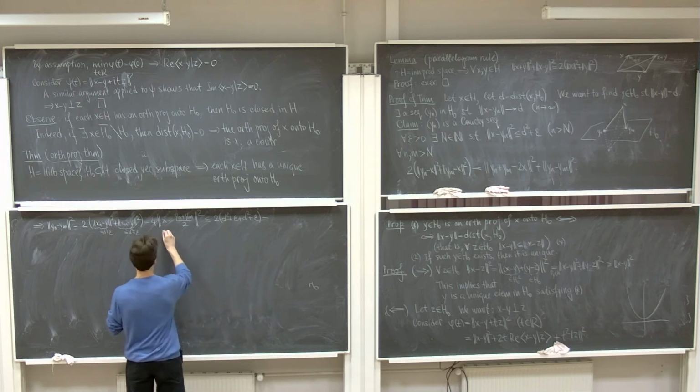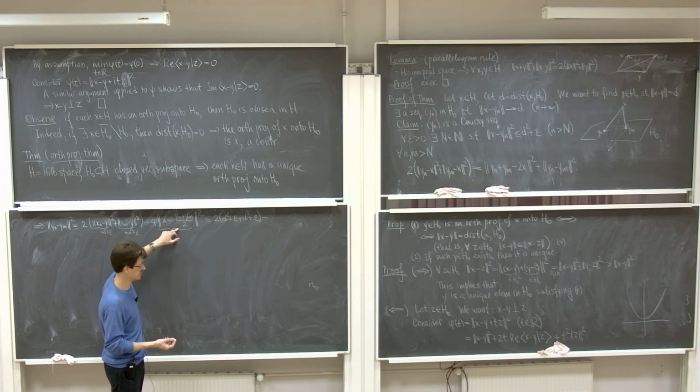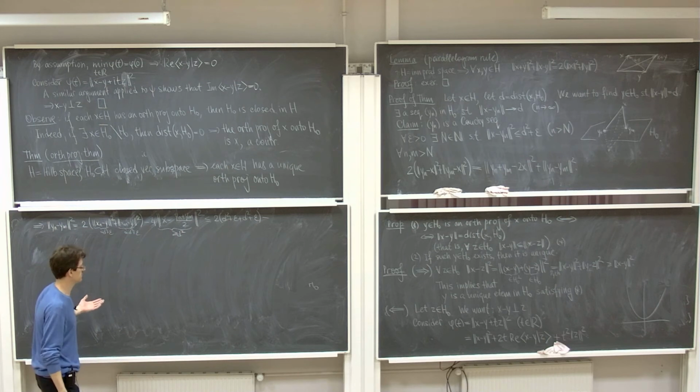And what can you say about this? Well, this element, yn plus ym over 2, belongs to the same subspace H0. So the distance between this and this is greater than or equal to the distance between x and H0. So this is greater than or equal to d squared, just by the definition of the distance.